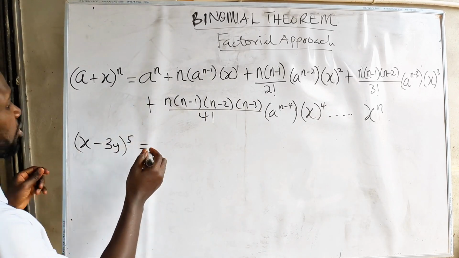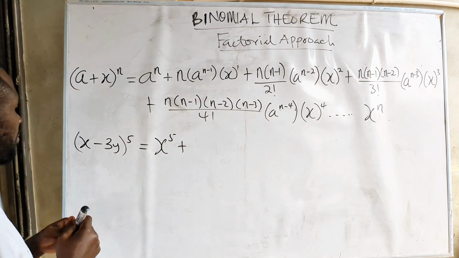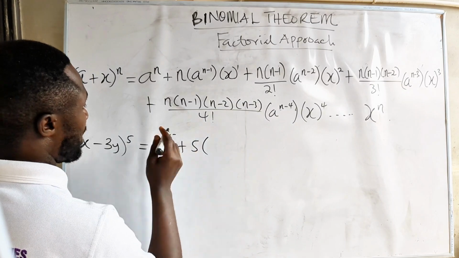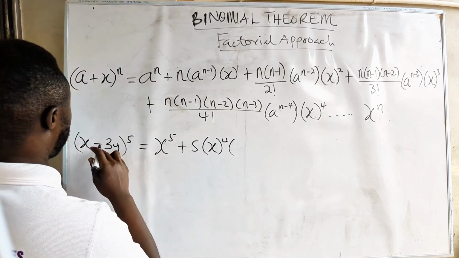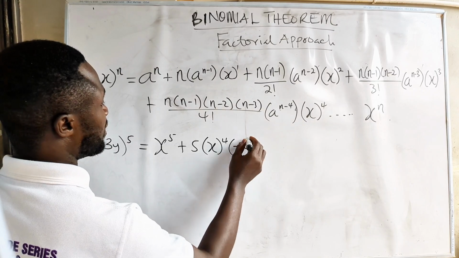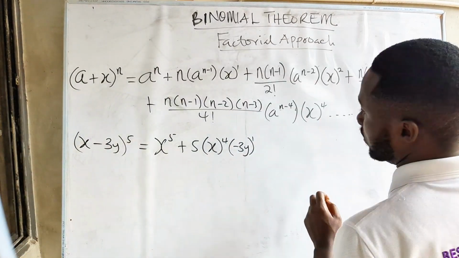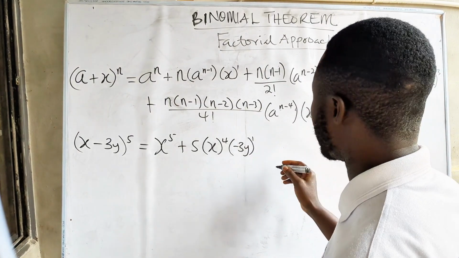Okay, first thing is going to be x exponent 5, correct? Good. Plus, then this 5 will come. Then we multiply by x exponent 4. Then minus 3y. We take the exponent 1. Alright. So you see, this will be our second term here. Let's go to our third term.